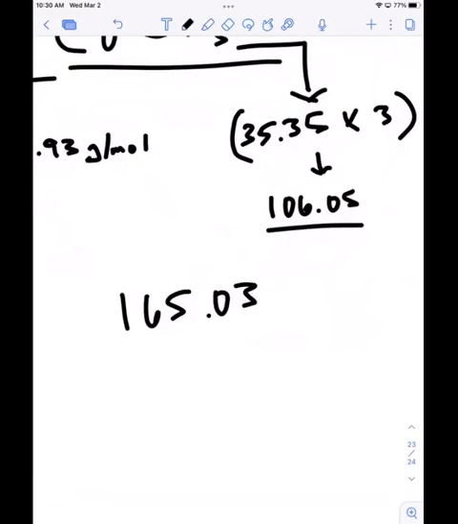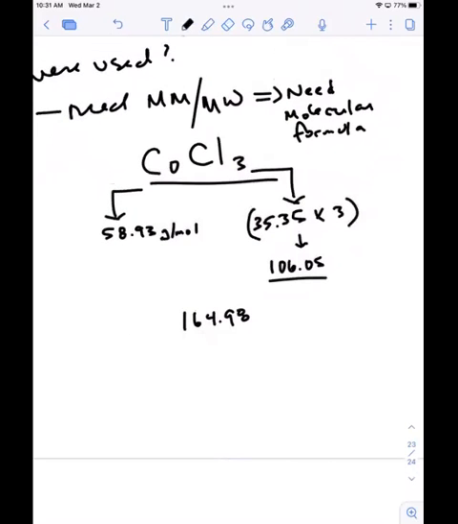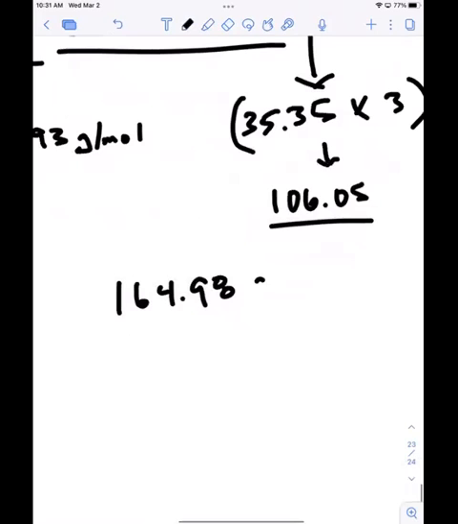Not 03, 08. I'm tripping. 164.98. Is that right? Yes, sir. All right, 164.98 grams per mole.